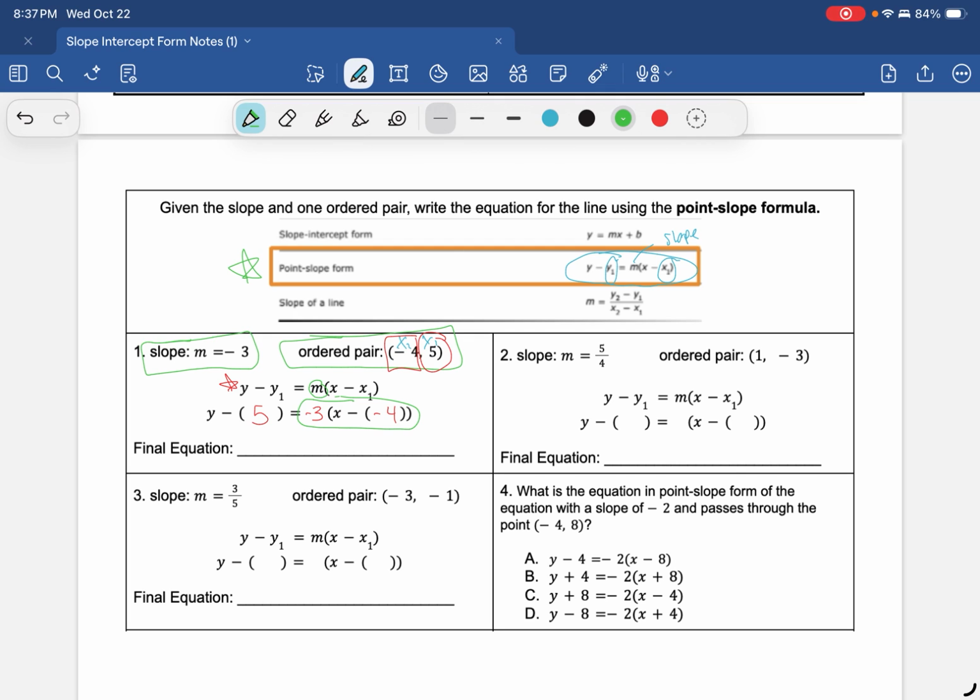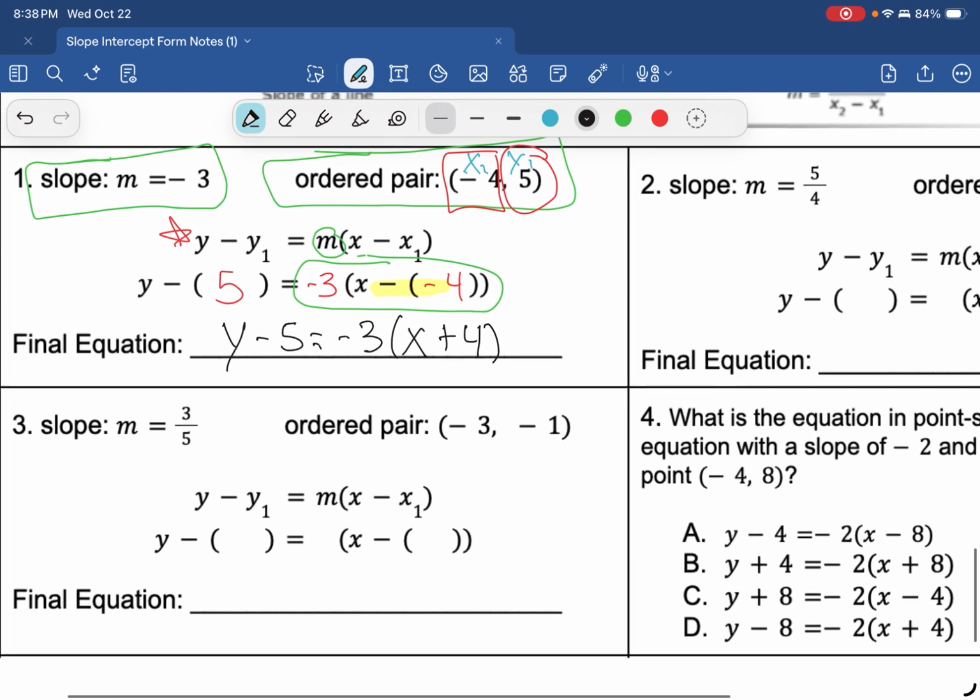So when I rewrite my final equation, I'm going to write y minus 5 equals -3 times x, and it will be plus 4 because of the double negative. Whether you are subtracting or multiplying, two negatives will turn into a positive. And that is our formula.